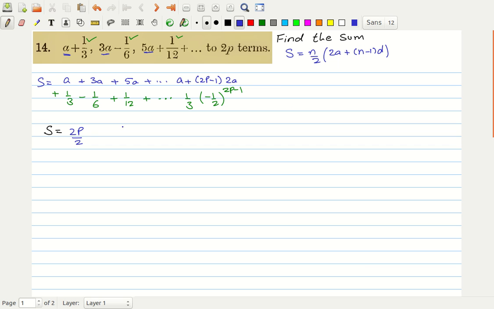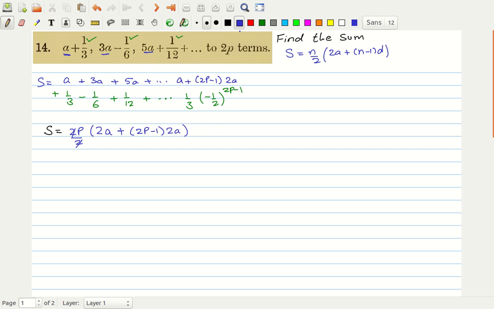I am simply using this formula, right? So, n is 2p over here. So, 2p by 2 times 2a plus n minus 1, which is 2p minus 1, and d is 2a, and therefore this 2 will cancel out each other.